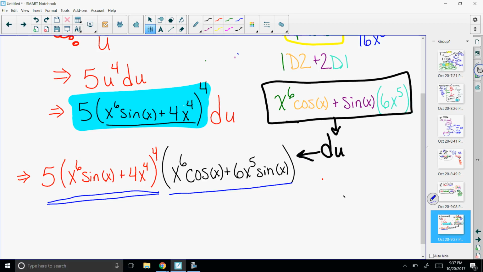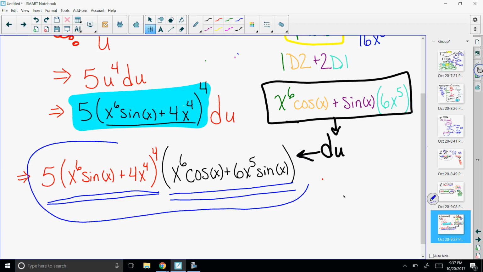Du is this value in black, which is 1d2 plus 2d1 of your overall u value, which is in that first set of parentheses in red. So the derivative of what's in the parentheses in red is in black. So that's your du value, and your overall derivative is going to be what I have just circled.